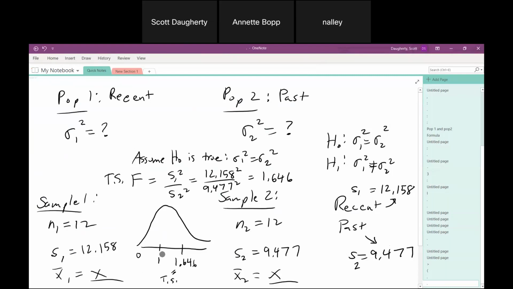I think the easiest way to figure this out is 1 is in the middle, I think. So if it's to the right of 1, then you're going to find the area to the right of it. If it's to the left of 1, you would find the area to the left of the 1. So I think you're going to end up finding the area to the right, but we'll double check this, okay?